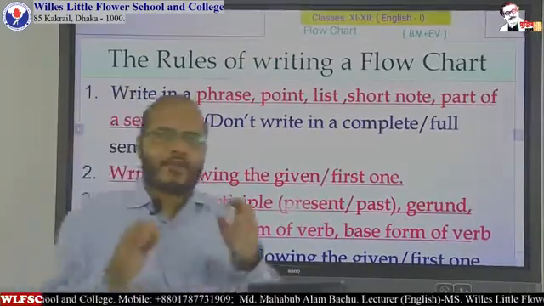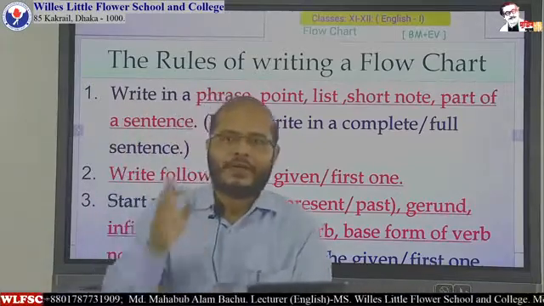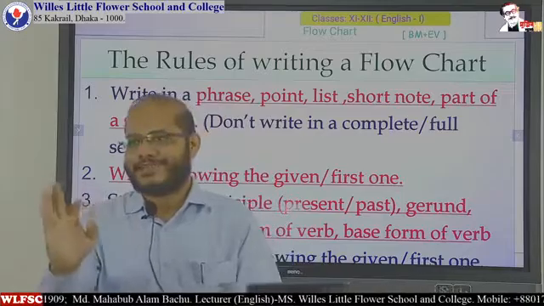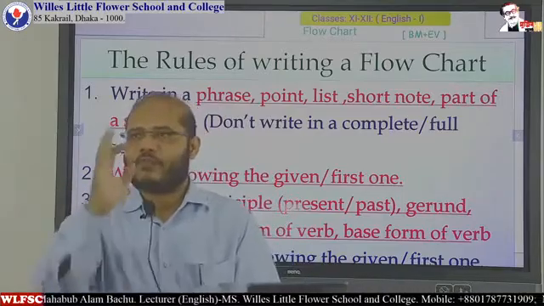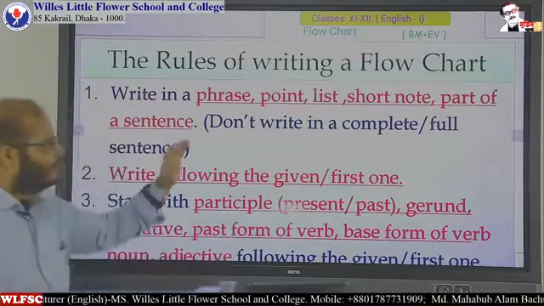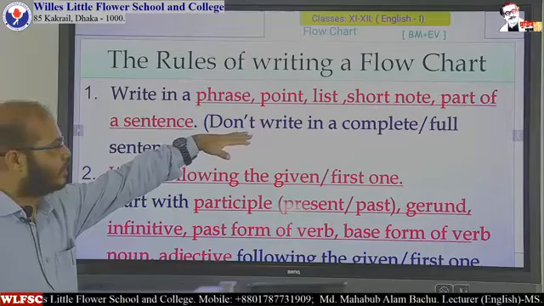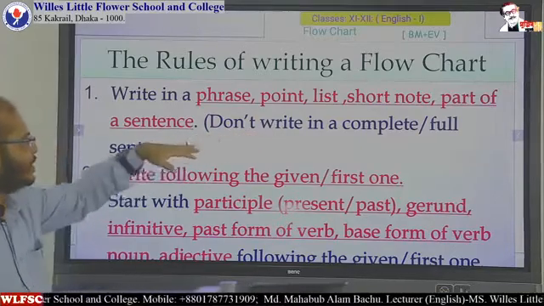That means for writing a flowchart, you never write in a complete sentence having a subject, a verb, and the other parts of the sentence. So in writing a flowchart, you must ignore this. Don't write in a complete or full sentence.